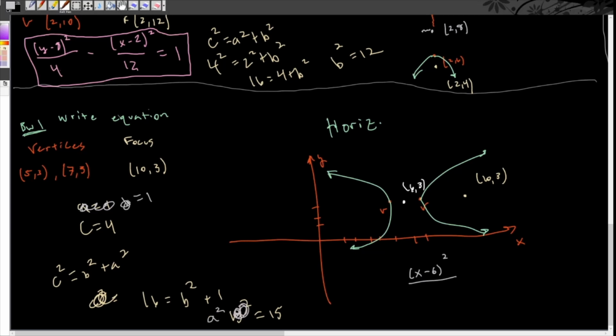No, I was correct. Sorry for the confusion, y'all. b squared equals 15. So over 1 minus y minus 3 squared over b squared, so 15, equals 1. And I'll explain why it is this way.